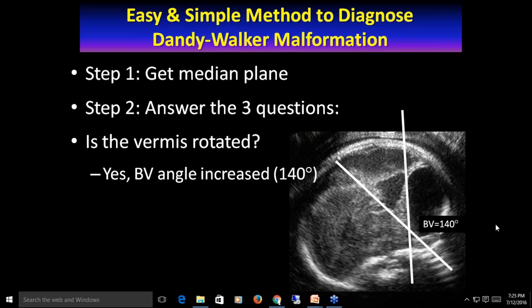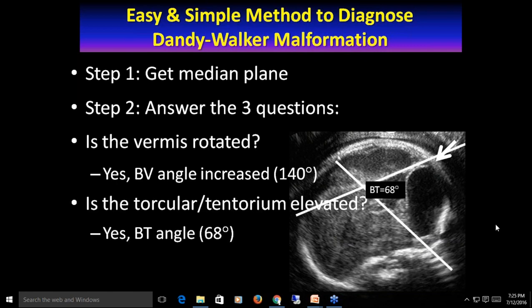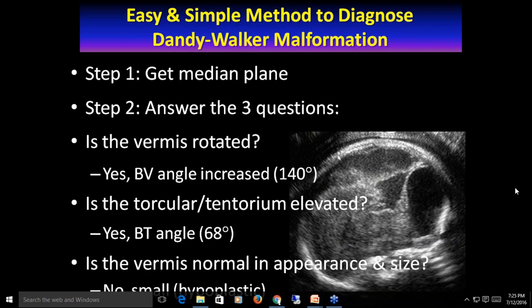The VV angle is increased. Is the torcular and tentorium elevated? Yes. The VT angle in this particular case is very increased. Is the vermis normal in appearance and size? Well, as you can see, this vermis is very, very small and hypoplastic.